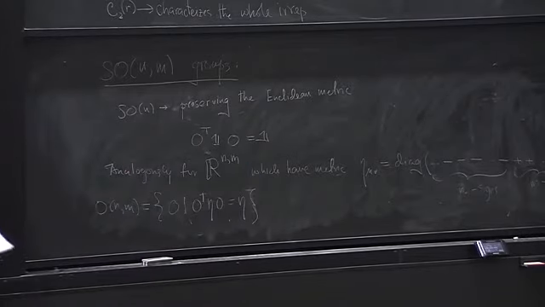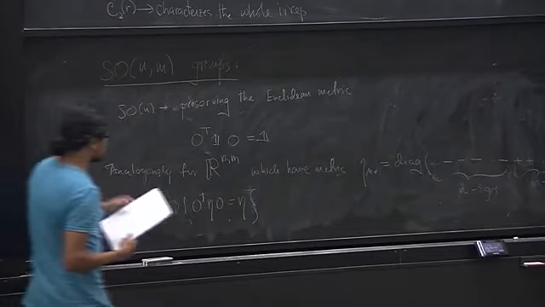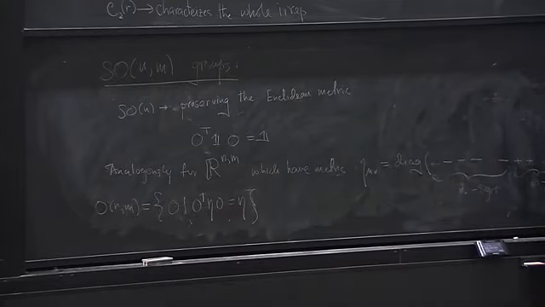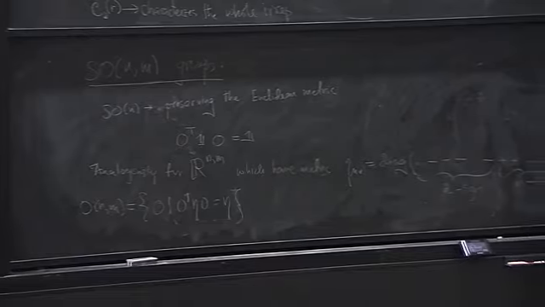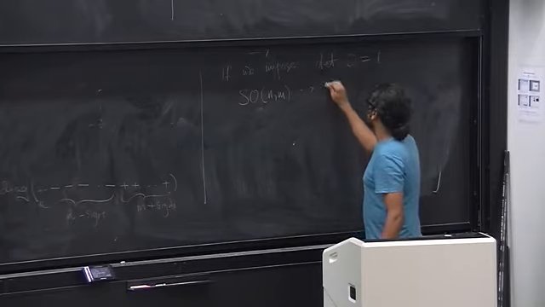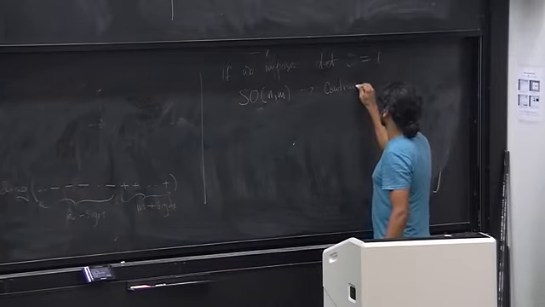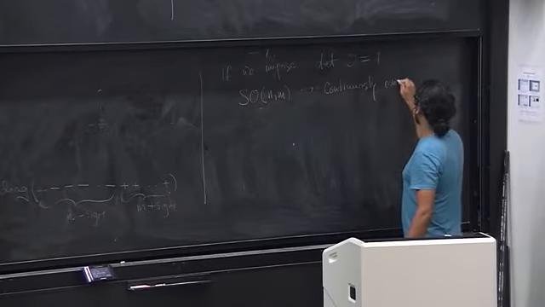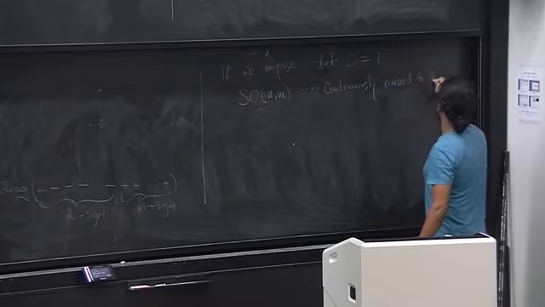And if we impose the further restriction that the determinant of O be 1, then we get the subgroup SO(n,m), and this is the subgroup that is continuously connected to the identity.